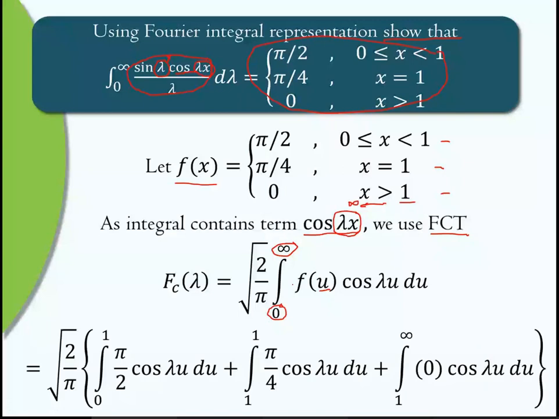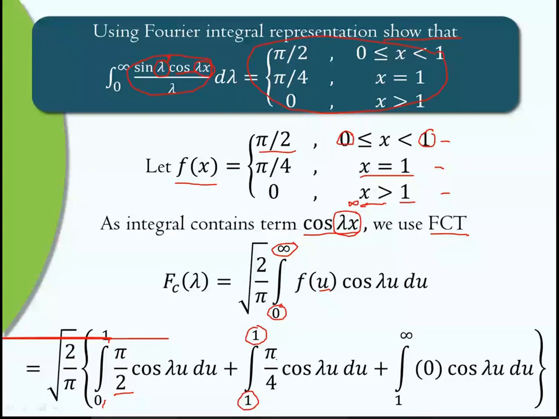And the 3 parts are: 0 to 1. Between 0 and 1, it takes the value π/2, so we take π/2 times cos λu du, plus. The second interval is at a single point, so it will be from 1 to 1. Between 1 and 1, it takes the value π/4 times cos λu du, plus.